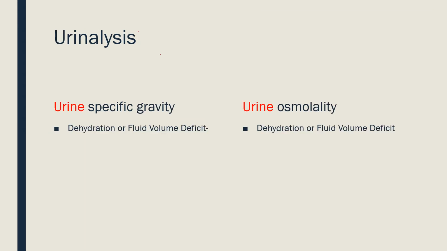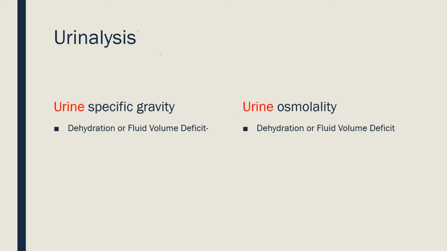Now, I mentioned earlier about urine specific gravity. If it's very high, then it indicates that your patient is dehydrated or has fluid volume deficit. Same thing with urine osmolality.